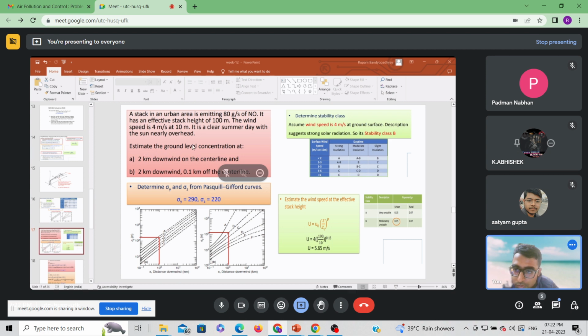You have to estimate the ground level concentration at 2 kilometer downwind distance on the center line, and at 0.1 kilometer from the center line.